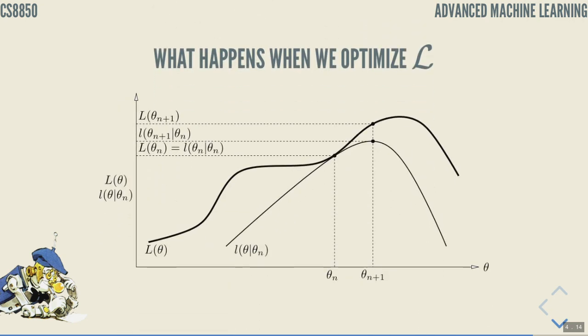Graphically, it looks like that. So this is our log likelihood that we want to maximize as a function of theta. This is our lower bound, and the lower bound is lower than the likelihood, and when they're equal, they touch.